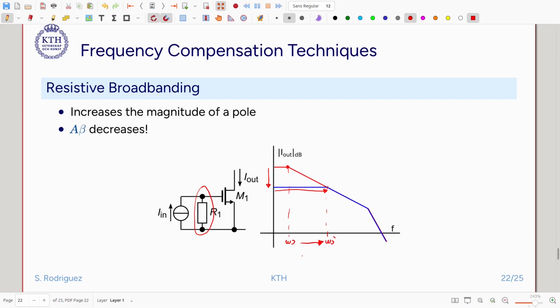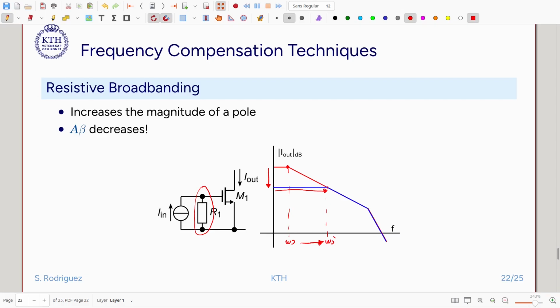So technically speaking, the gain-bandwidth product is the same. The pole is moved to high frequencies, the gain has been reduced, so the gain pole product remains the same. But, and there is a big but, remember that it is the low frequency loop gain that gives us the accuracy of the amplifier.